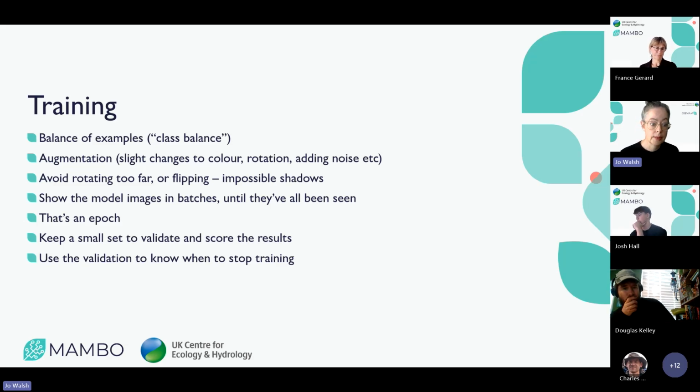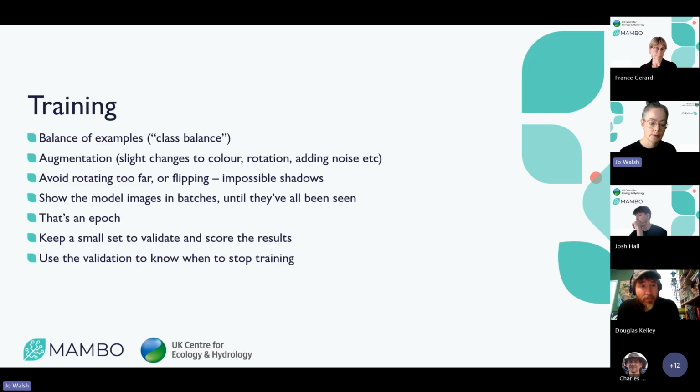Then the training process, it's important when you're collecting data to have a balance of examples. If there are many different classes of thing that you're looking for, if you've got a more complex land cover problem, for example, then your model will become quite biased if it sees a few examples of one thing and many of another.